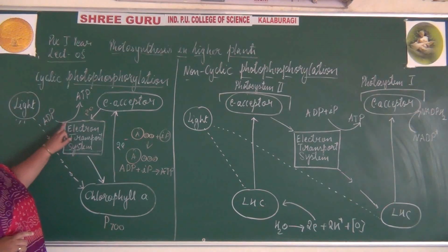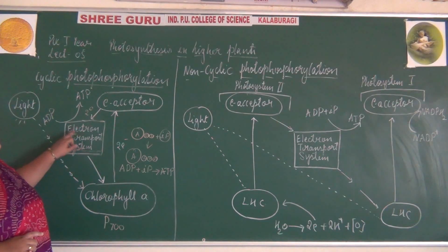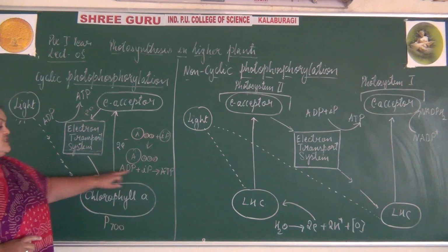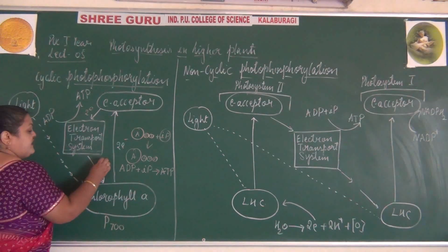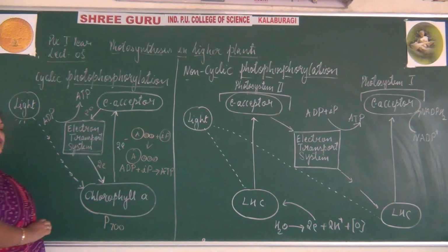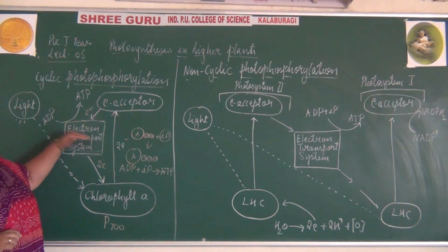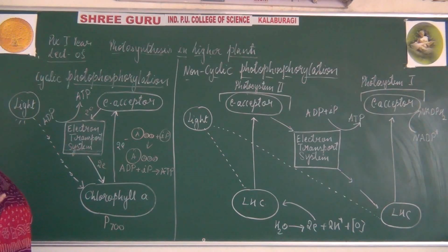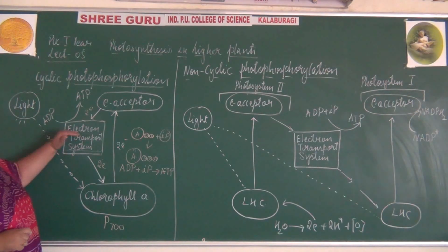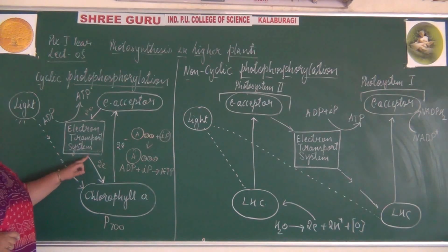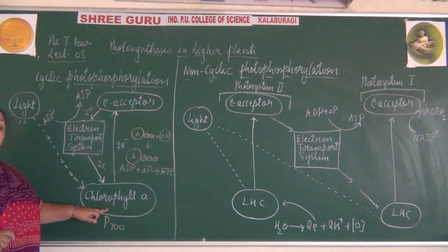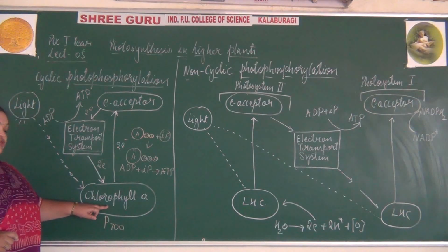Then these electrons are utilized for the synthesis of ATP, and the electrons reach back to the photosystem, where there is movement of electrons from one molecule to another molecule in the thylakoid membrane. So in the thylakoid membrane, after the process, again there is release of the electrons. The electrons are passed back to the photosystem.